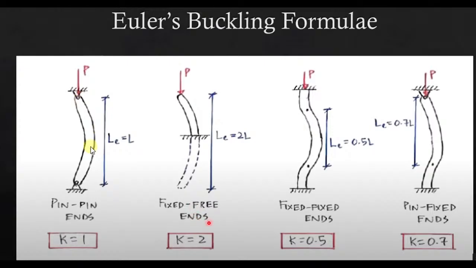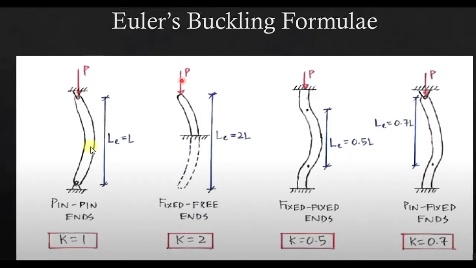Fixed and free ends, we consider it as 2. Next, both ends fixed when we apply the load, in that case we consider 0.5. Next, pin and fixed: we have rotation at one end, but the other end is fixed. That time we consider 0.7. So these are the constants we take into account.